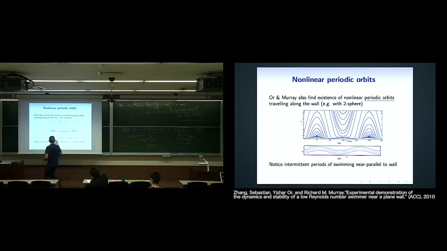And this was a nice phase portrait. This is distance from the wall against the orientation. And you see this point there, in this center, that corresponds to the steadily translating orbit. Okay? So if you're a dynamical systems person, this is a stable center. It will just travel at constant speed.